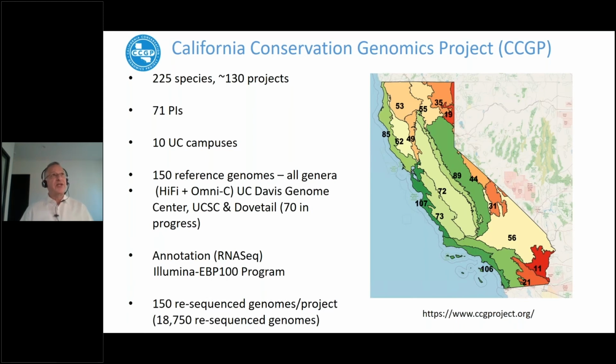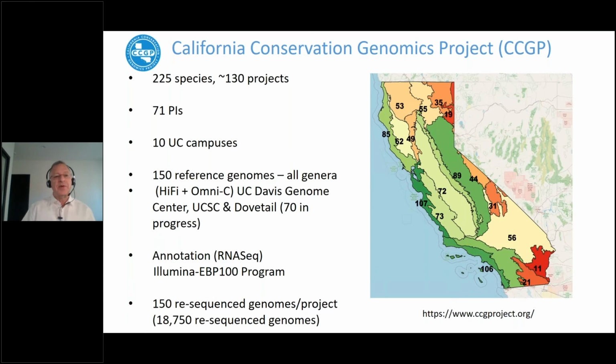Now, in addition to the reference genomes, what the scientists, the technical committee and the steering committee consider very important for the ultimate utilization of the data for this project is annotation. And to give equal time to all competitors, we must really thank Illumina for their program, the Illumina EBP 100 program, which has dedicated resources, flow cells, reagents, and library kits for the annotation of 50 genomes.